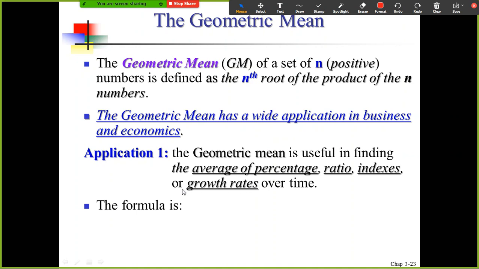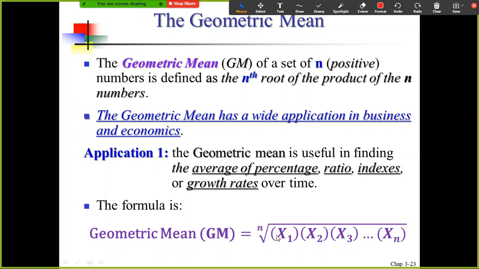What is the formula of the geometric mean in case 1, or application 1? You can see x1, x2, x3 are growth rates, ratios, percentages, or indexes. For example, percentage 1, percentage 2, up to percentage n; growth rate period 1, period 2, up to period n; index 1, index 2, up to index n.